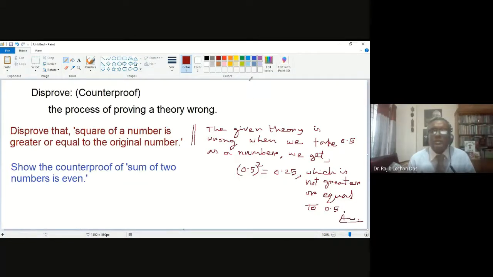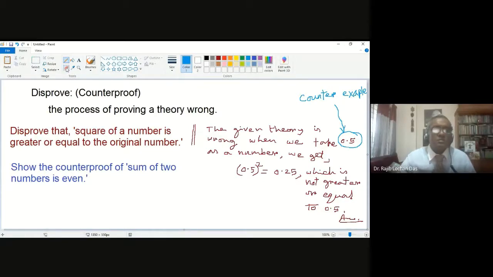And the example 0.5, this is called a counter example. So any one example will be enough. If you want to say that the theory is wrong, then one example is enough.